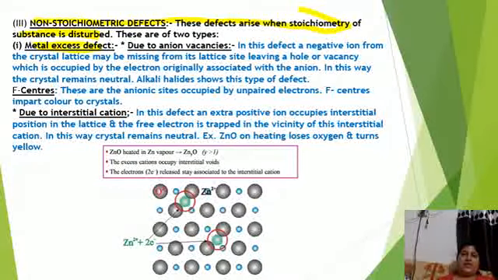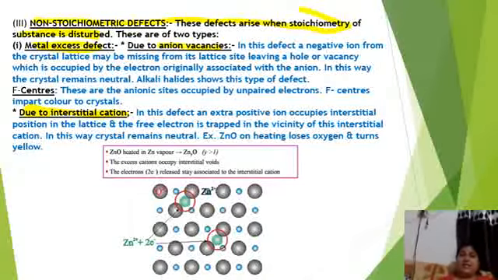First of all, we will discuss metal excess, meaning metal is in excess. Metal gets excess due to two reasons. Either anion gets less or cation gets inserted into an interstitial site.